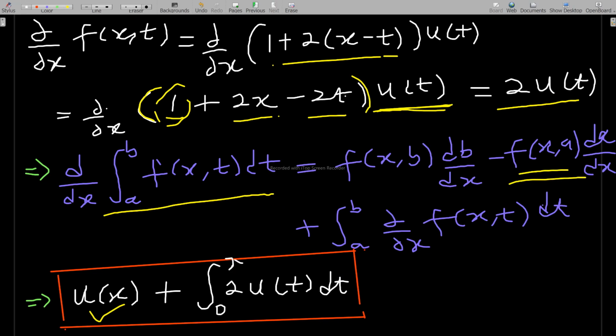Okay, 0 to x. So then del x of f of xt gave us 2u of t. So I just come and put it here. This is very simple, right? So just cool like that.